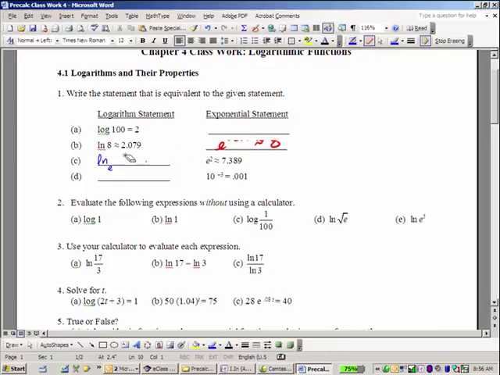So how about switching it around? The natural log of 7.389 equals 2. And remember, the question asks, what would I raise e to get 7.389? And that's how we say it in logarithmic form, and this is how we say it in exponential form. Is that all right? All right.